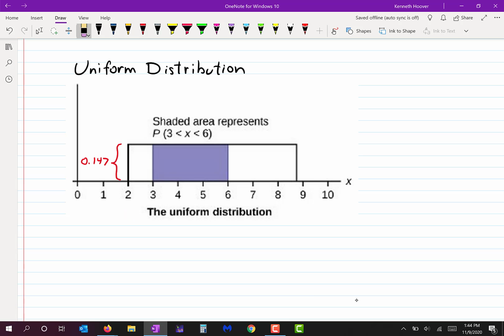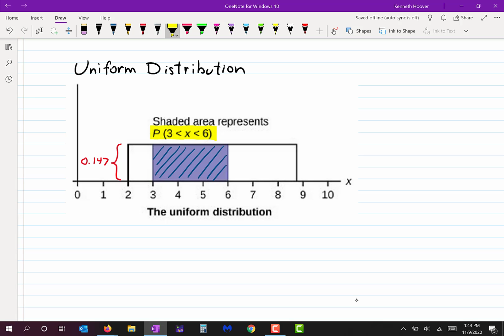That shaded purple part represents the probability of our random variable x being between 3 and 6. The area under the curve from 3 to 6 represents the probability of our random variable falling between 3 and 6.